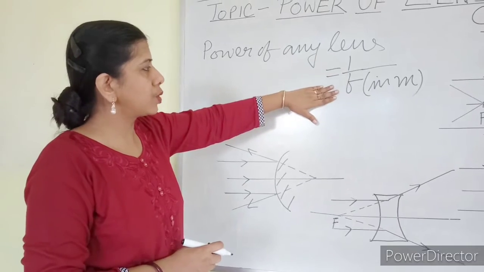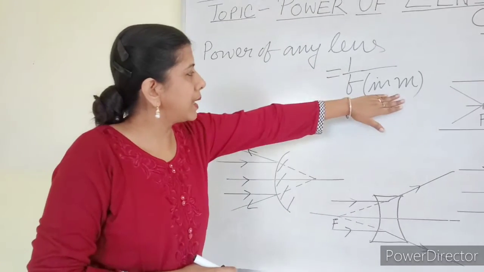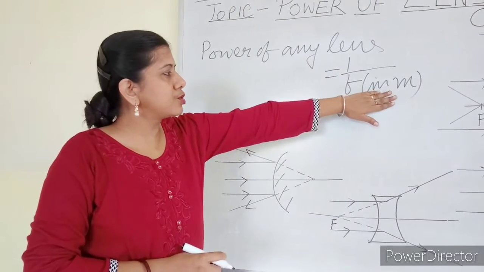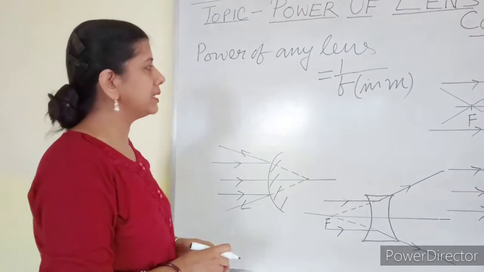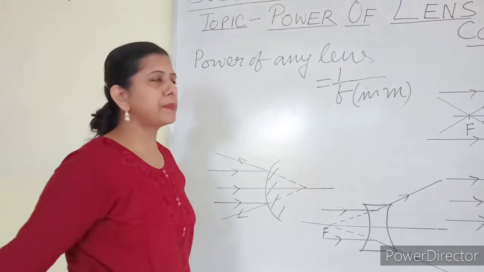The unit of focal length has to be taken in meter. Then you are going to get the power of the lens.